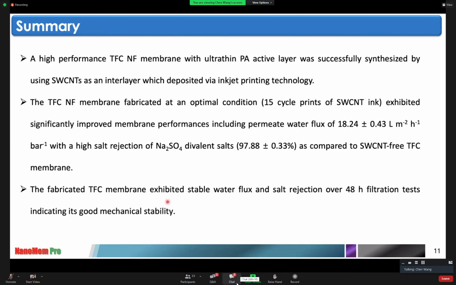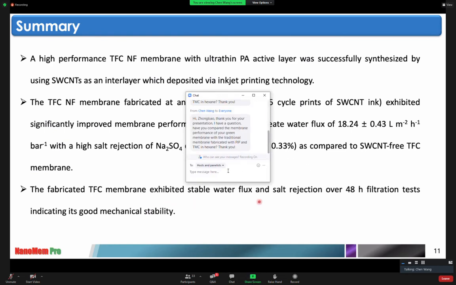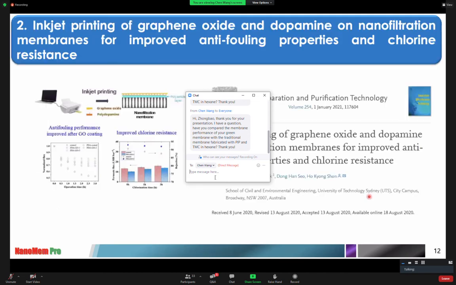The TFC membrane exhibited stable water flux and salt rejection over a 48-hour filtration test, indicating its good mechanical stability. Then let's have a look at our second study.